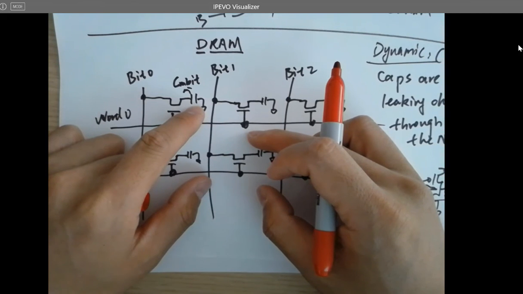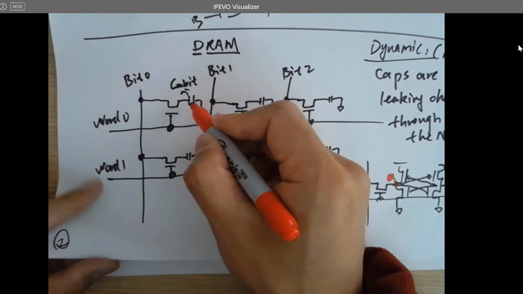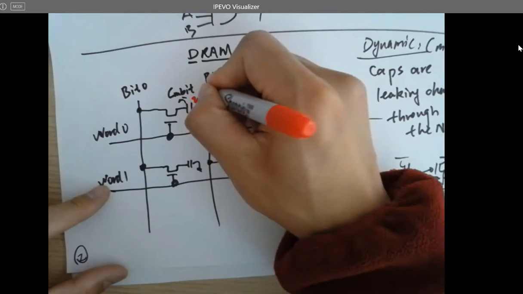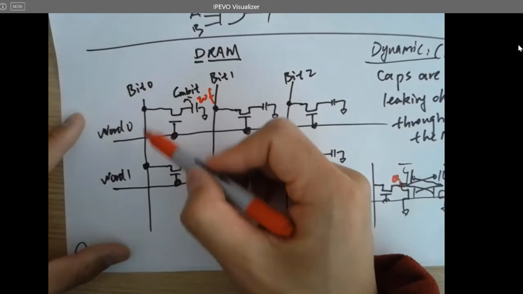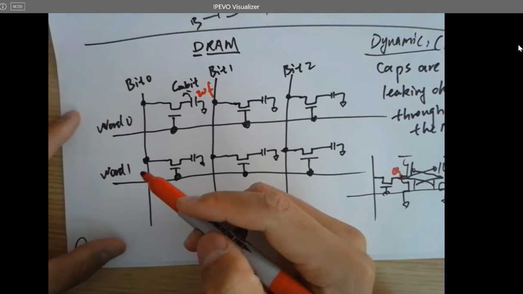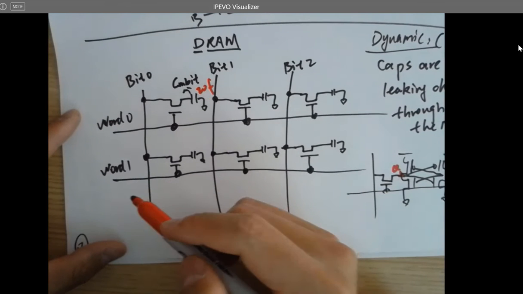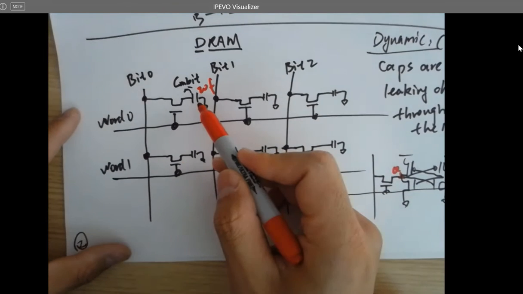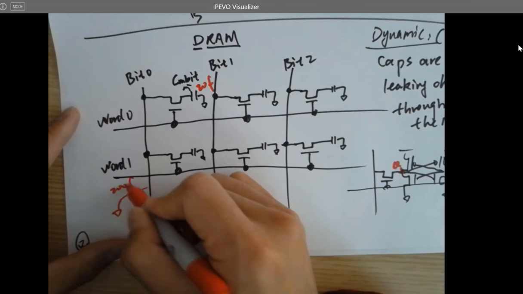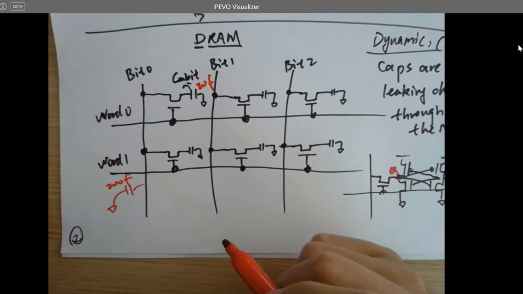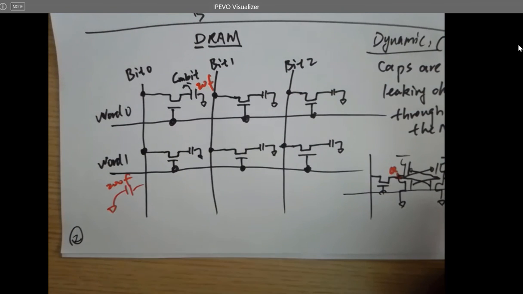The trade-off is if you keep the caps tiny, for example, 20 femto, the metal traces running in the memory cell even have a larger capacitance compared to the memory. So all the parasitics can be 200 femto. Femto is a very small unit, right?